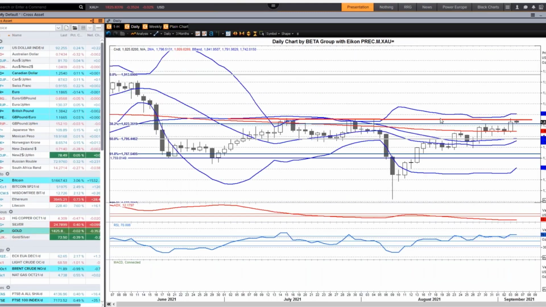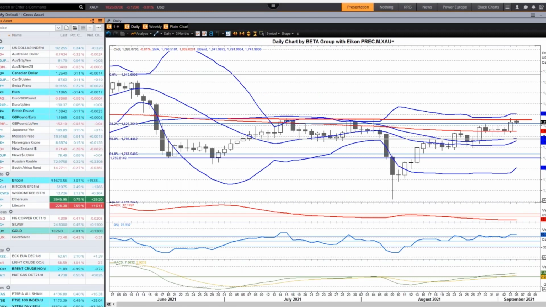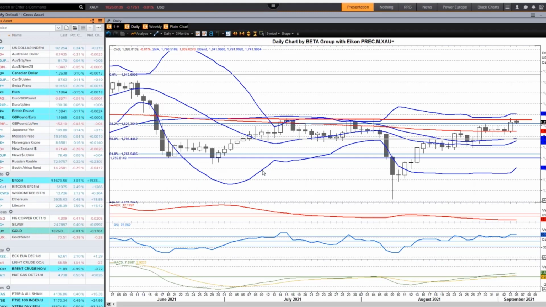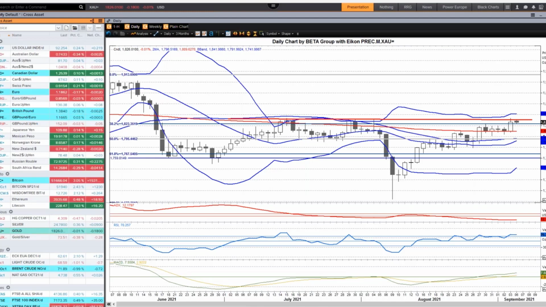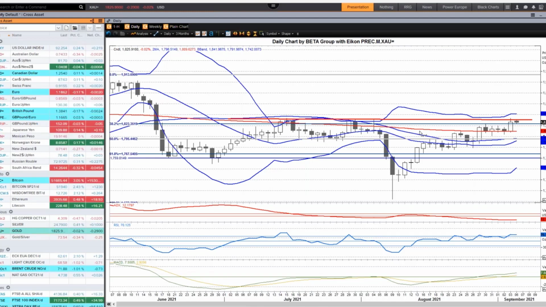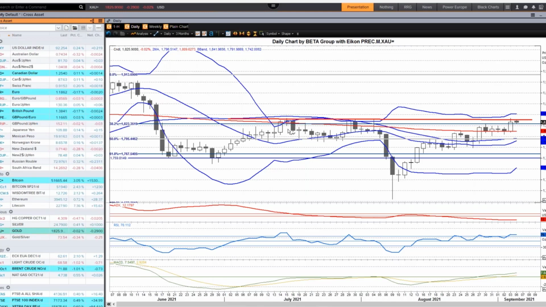So let's have a look at the gold firstly, and here's the problem. It's simply going sideways. It isn't really going up at all in the big picture over the last 3 months. Yes, it has gone up since that spike low in August, which went down to 1,684, and then it's bounced to resistance.